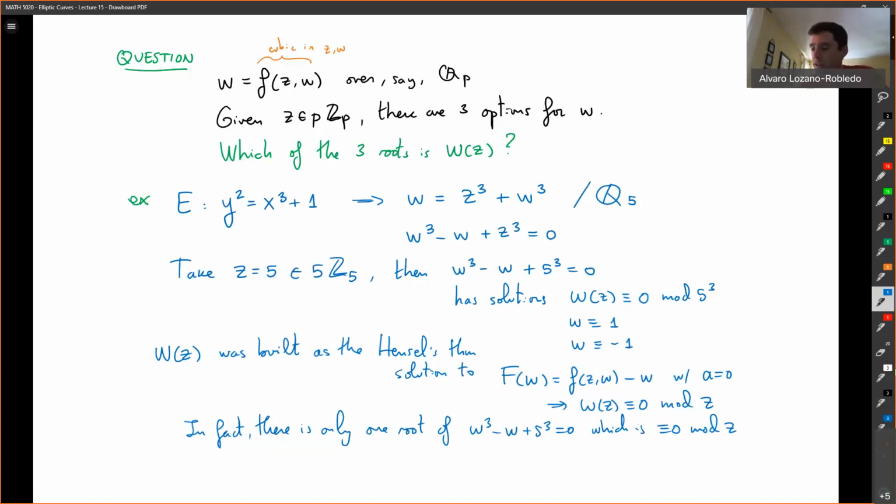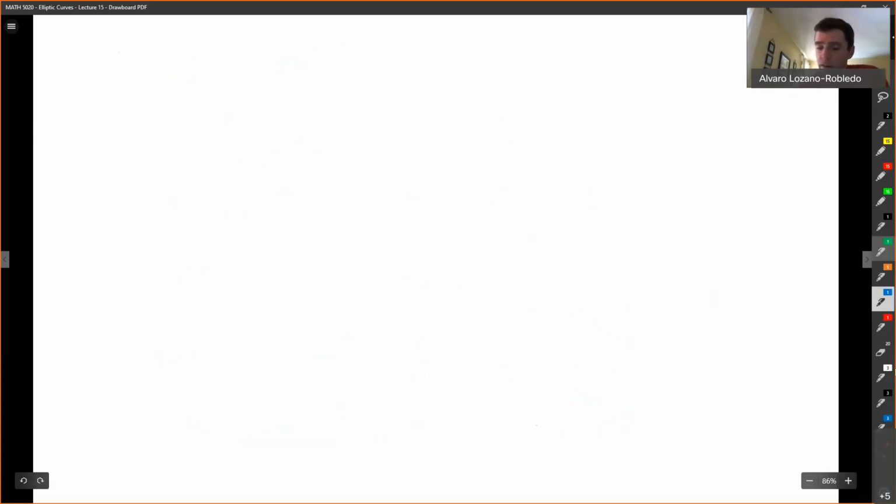In fact, the 3 roots, I found them using Magma. Magma gives you the p-adic numbers as one large integer that satisfies as many congruence conditions as you need.